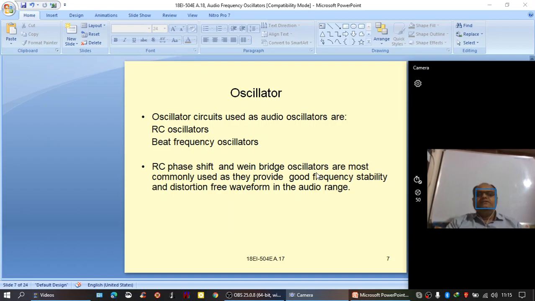In case of RC phase shift oscillator, amplifier produces 180 degrees phase shift and the network consisting of RC components provides another 180 degrees phase shift which is used as a feedback path circuit.